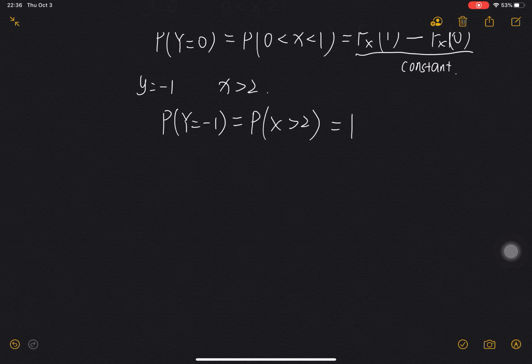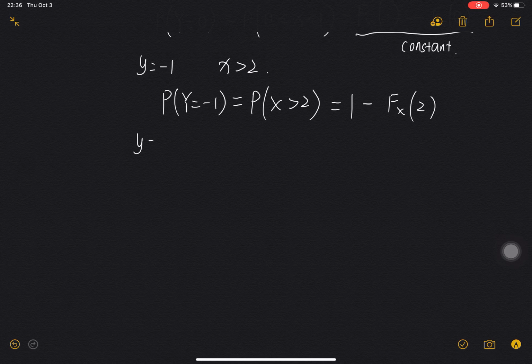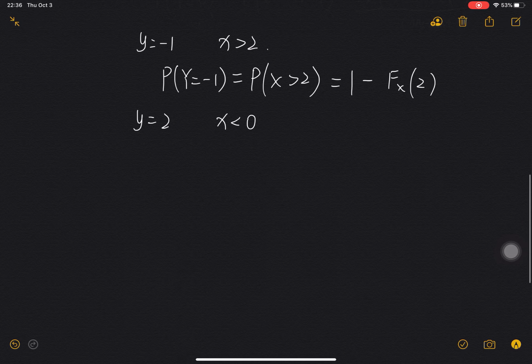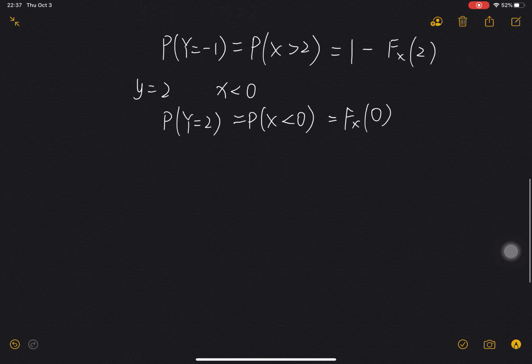Probability of x larger than 2 equals 1 minus the density function of 2. Okay, and next, when y is 2, x should be smaller than 0, and the probability of y equals 2 is the probability of x smaller than 0. Okay, that's the pure density function right here.